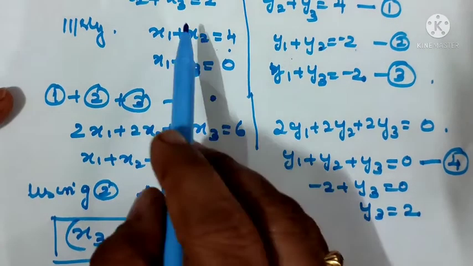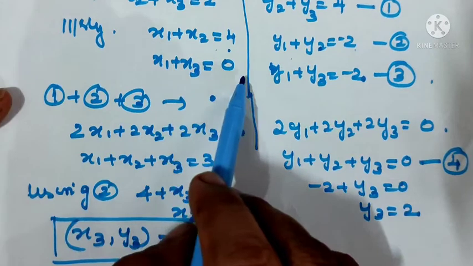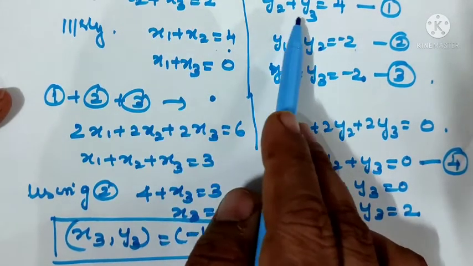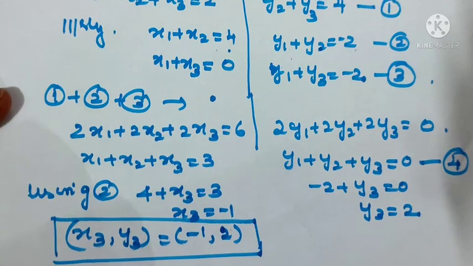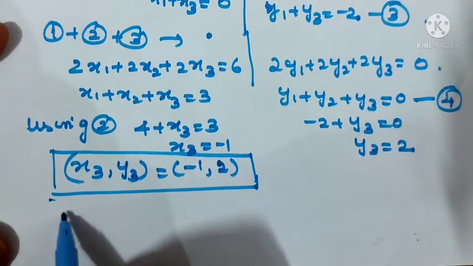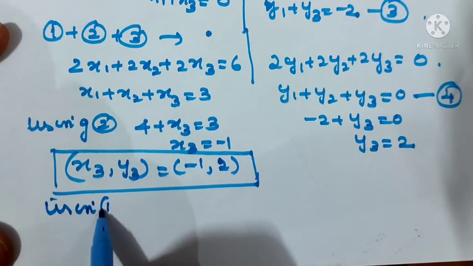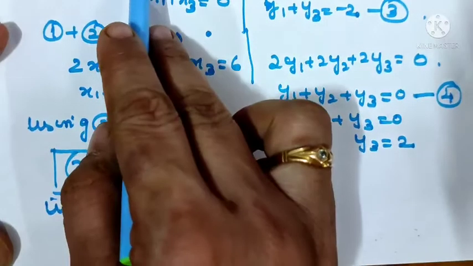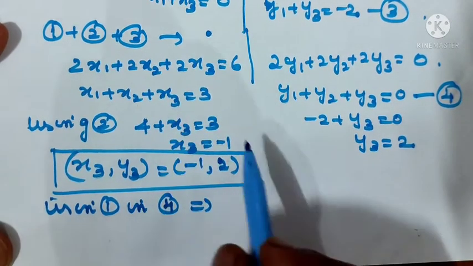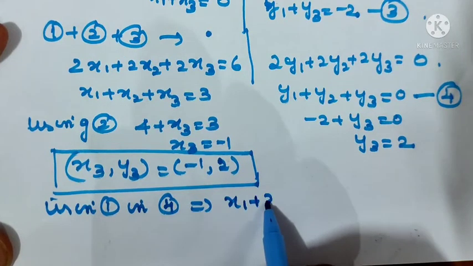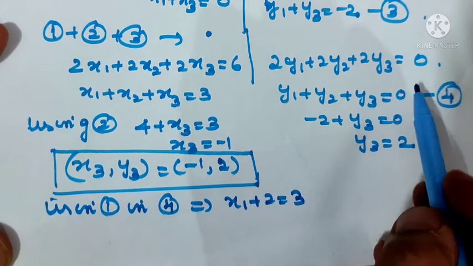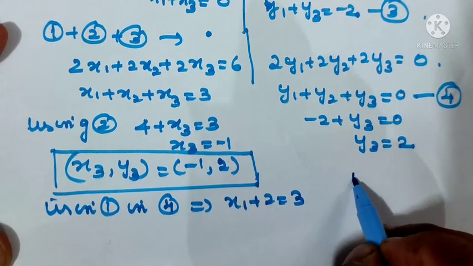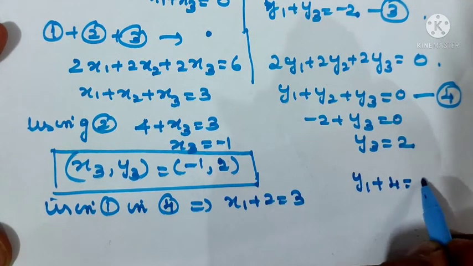Similarly, we should go for the other ones. Using the first equation, x2 plus x3 is 2, y2 plus y3 equal to 4. Using 1 in 4, we can substitute x2 plus x3 as 2. So x1 plus 2 equal to 3 and y2 plus y3 equal to 4 on this side, so y1 plus 4 equal to 0.